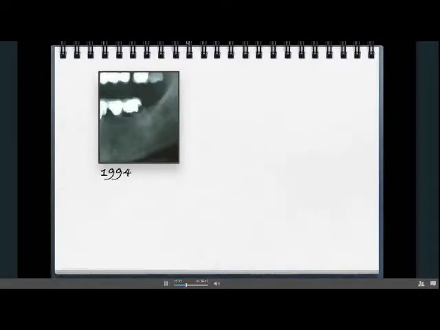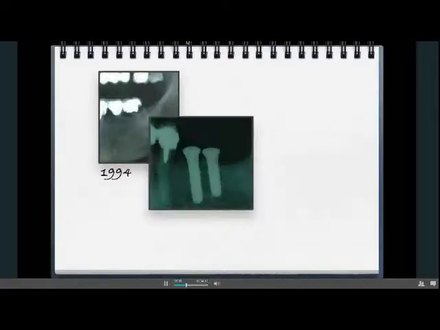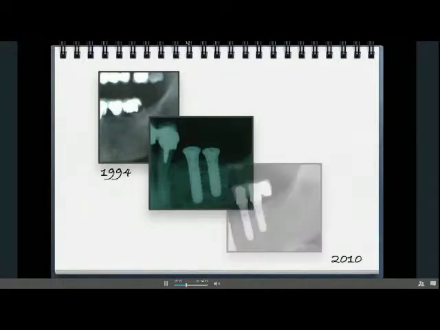We can take a look at the clinical cases. In 1994, this was a part of the panoramic X-ray, which demonstrated a failing tooth, and the tooth was extracted and replaced with bone graft. However, in the area in front of that tooth, anterior to the extraction sockets, two implants were placed in 1994.